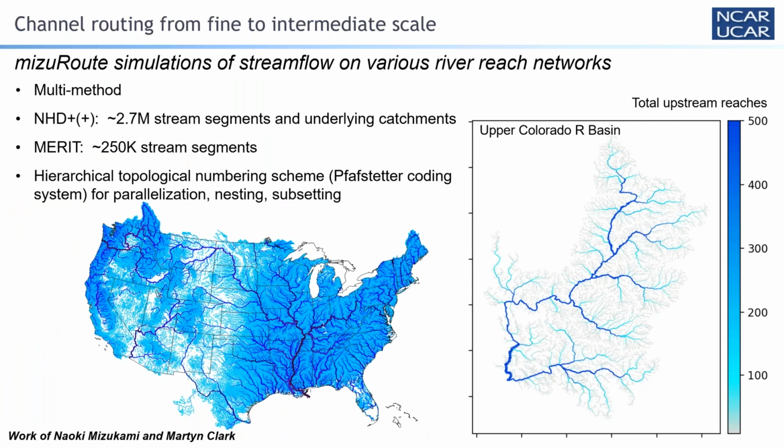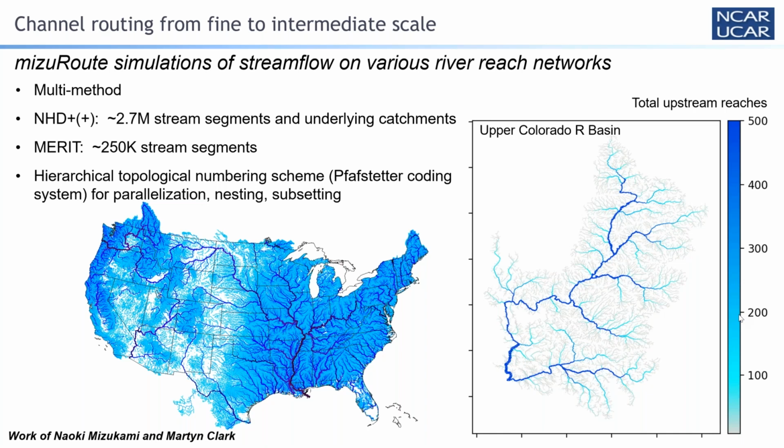And on top of that, we've also implemented a new channel routing model, which was built by Naoki Mizukami and Martin Clark, called MizuRoute. It has multiple methods, you know, diffusive methods, kinematic methods, and it is capable of running on everything from the finer down to the finest scale routing networks we have available right now, which are the NHD Plus as extended to OCONUS, which is the 2.7 million stream segment routing network that's used in the National Water Model.